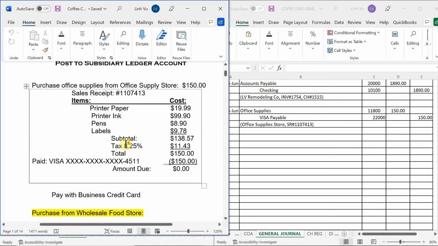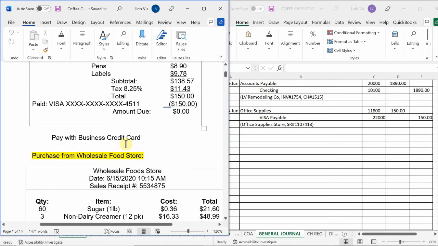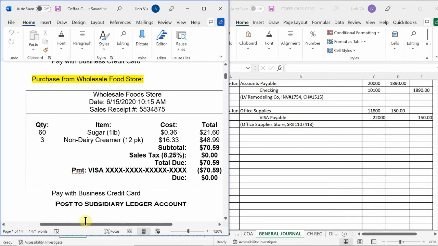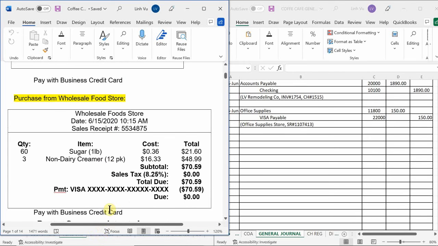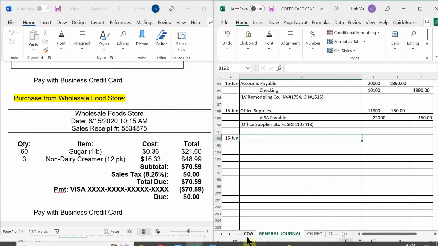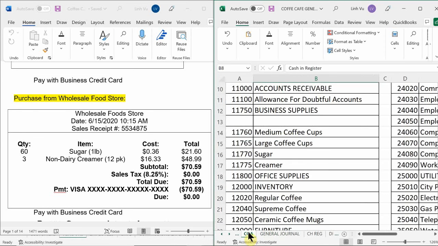So now that we bought some office supplies, the next thing we have here is we purchased from a wholesale food store. What did we buy from the wholesale food store? Is condiment the word for the coffee items? Well, do we actually have a condiment account? Okay, let's check our chart of accounts. Now we have an individual sugar and a dairy creamer.